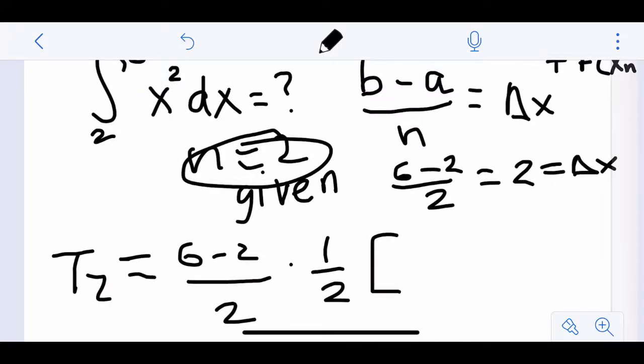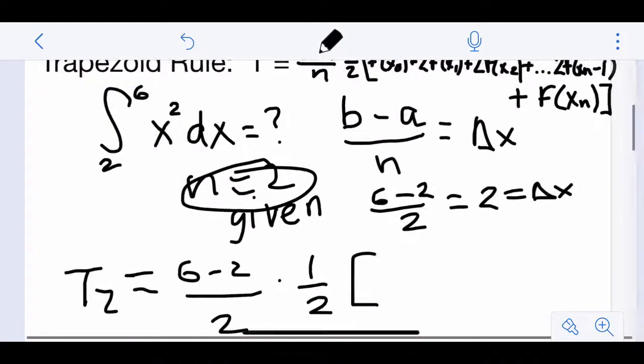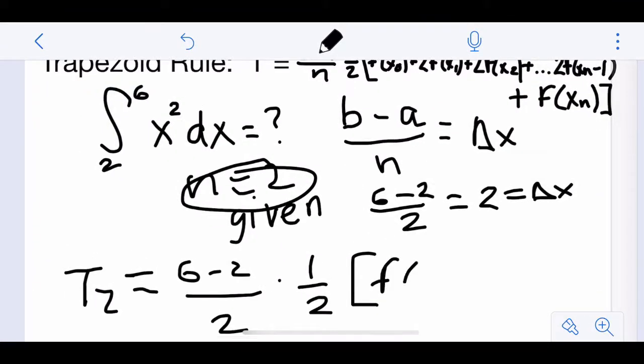So we insert 2 for x, that's our initial value, and then we add 2 times f of 4, because our change of x is 2, so 2 plus 2 is 4.